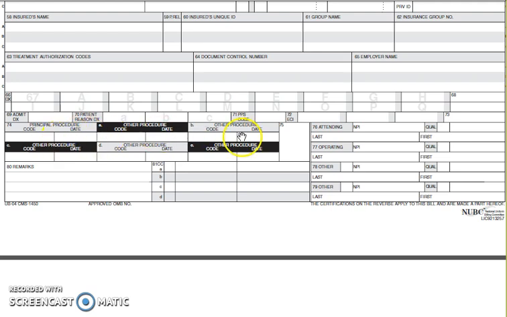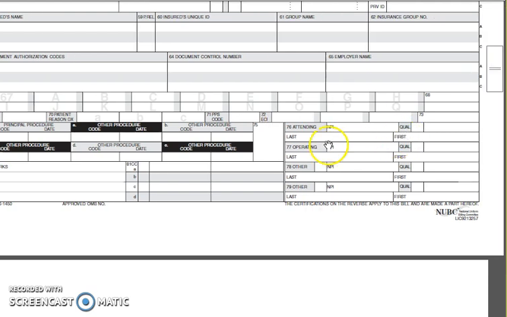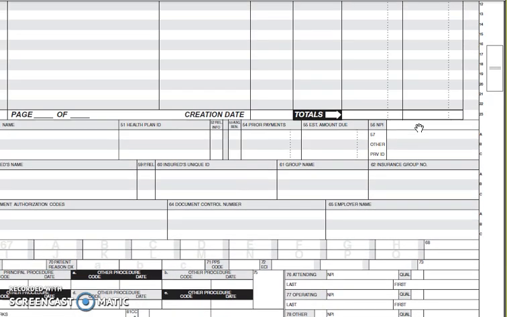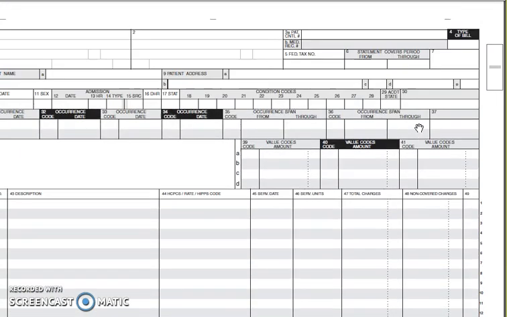This is primarily how inpatient facilities are paid, and they will be listed in this area so that the DRG groupers can be created. And last, the physicians or attending clinicians will be listed here with their NPI numbers and their taxonomy qualifiers. As you can see, there's a great amount of information on this form.